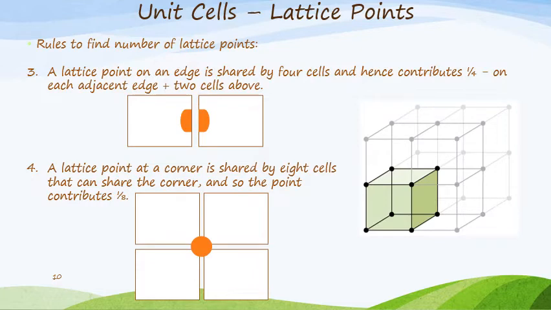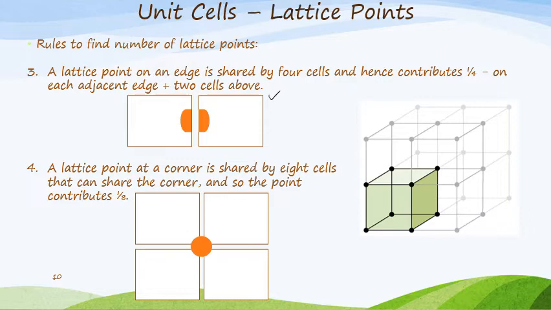For a lattice point that is on an edge, this is shared by 4 cells, and it will contribute 1/4, where you've got 1 on each of the adjacent edges and on the 2 cells above. If we look at this diagram, you would see that this is the edge. There is a 1/2 and a 1/2, but remember there are 2 cells above. So that means there is a 1/4 contribution of 1 lattice point on that particular unit.